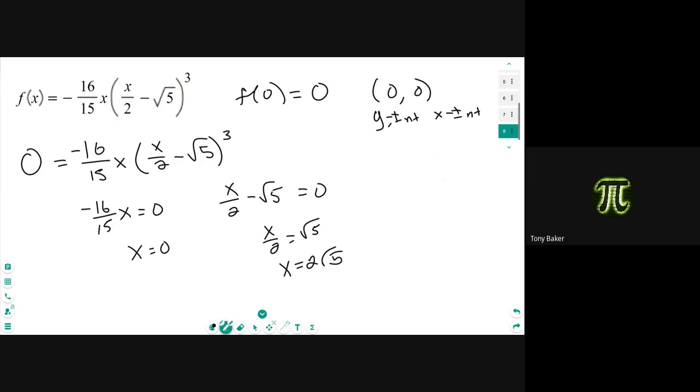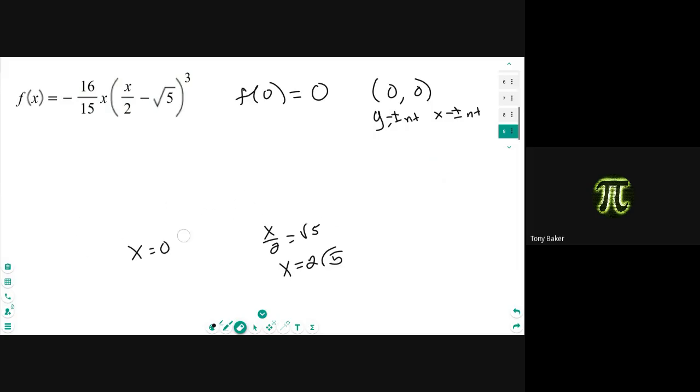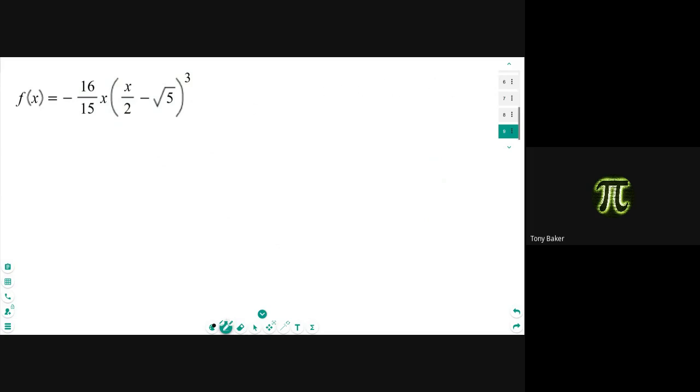So let's find our first derivative and our second derivative. So we have a product rule in this one.